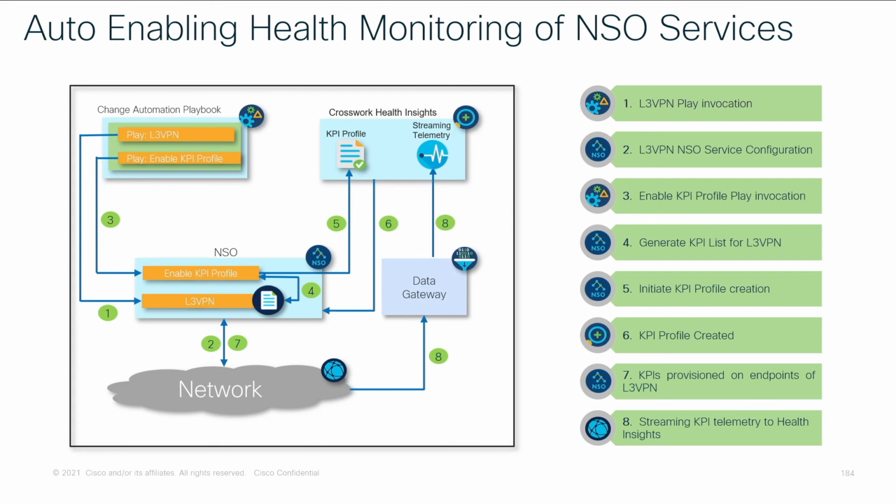With that information, it derives the network objects, looks into the table where it has a mapping of network objects to KPIs, builds the KPI list, and sends it to Health Insights. Health Insights then creates a KPI profile, and also tells change automation to enable those KPIs.